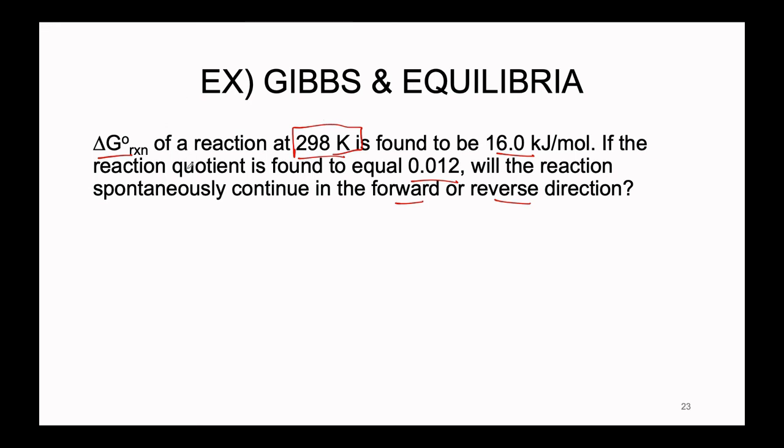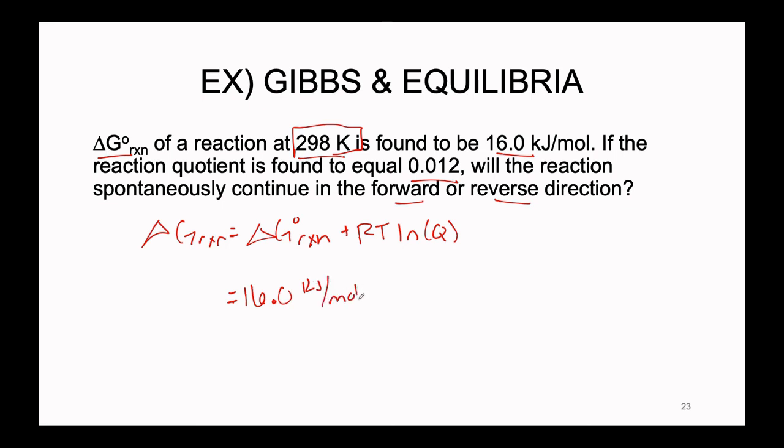All right, so we can use the equation that we just learned. Our delta G of reaction is equal to delta G naught of reaction plus RT natural log of Q. The standard Gibbs free energy was given to us, 16.0 kilojoules per mole. Our R, again, is given to us, 8.314.